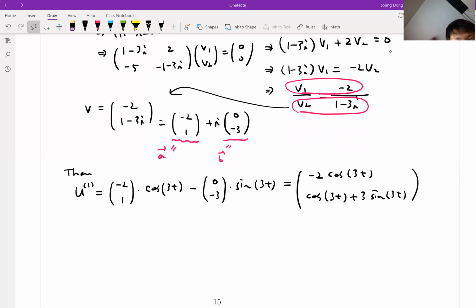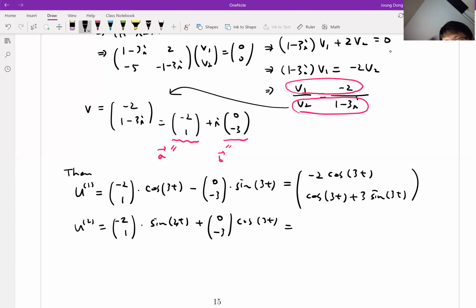And what about the other one? u2 is A sine 3t plus B cosine 3t, which equals negative 2 sine 3t minus 3 cosine 3t.